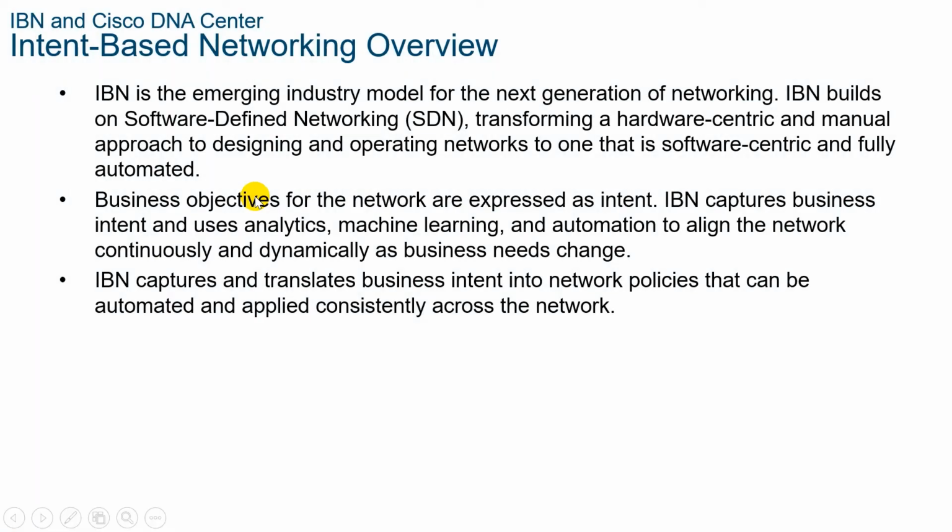IBN is the emerging industry model for the next generation of networking. IBN builds on software-defined networking, or SDN, transforming a hardware-centric and manual approach to designing and operating networks to one that is software-centric and fully automated.